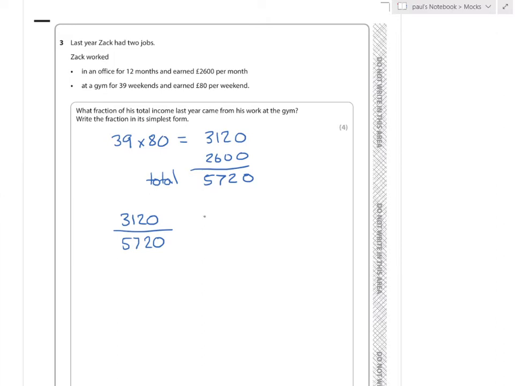Let's do 312 over 572. Half of that is 156 over 286. 156 divided by 2 is 78, 286 divided by 2 is 143.